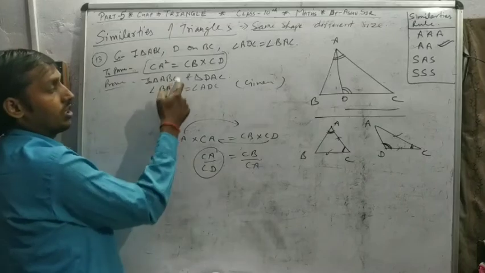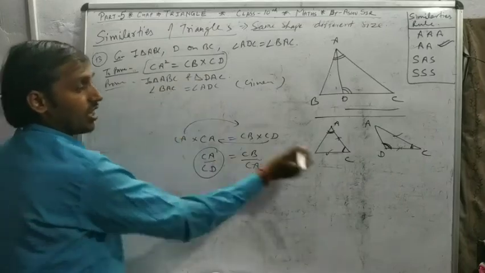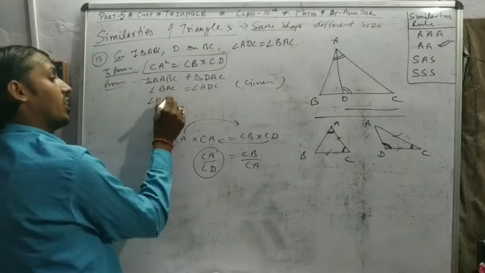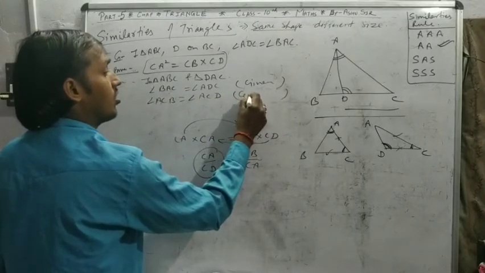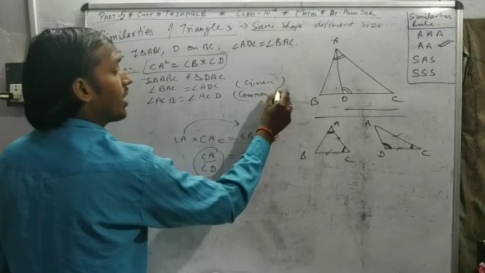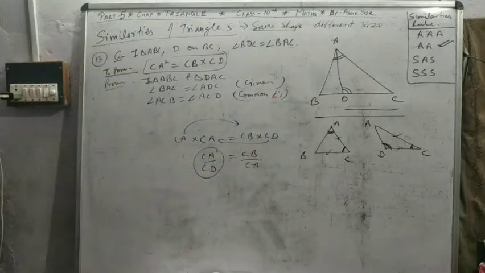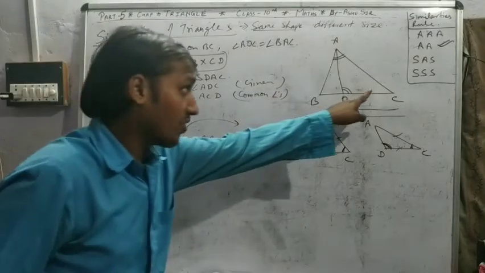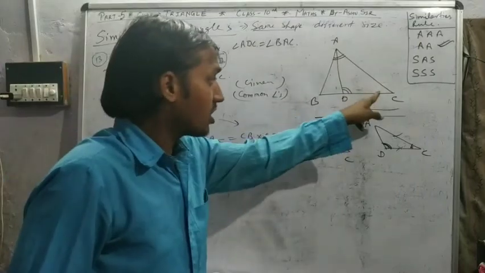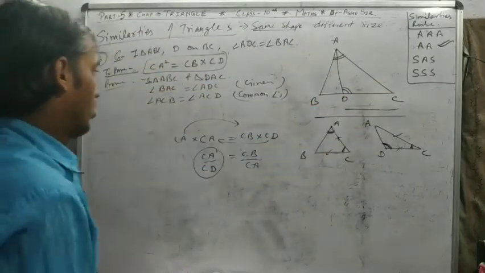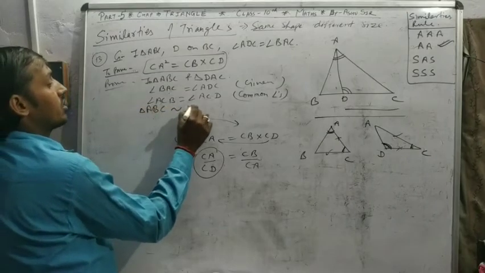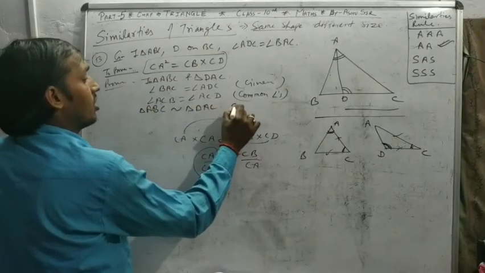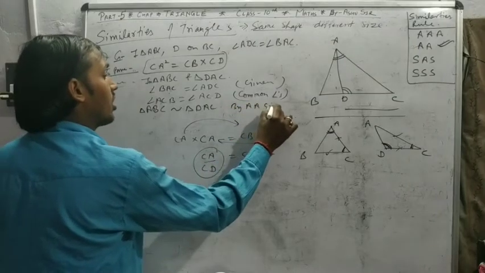Next, angle ACB is equal to angle ACD, common angle. You see in the main figure, angle C is included in both triangles. So triangle ABC is similar to triangle DAC by angle similarity.